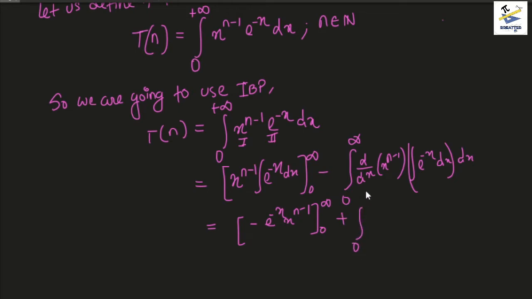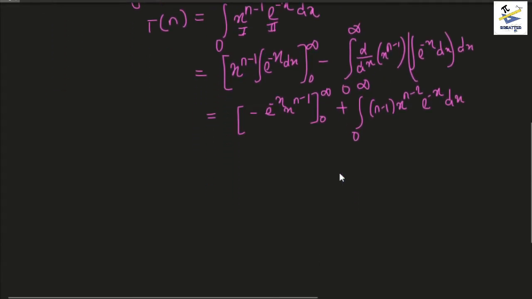So it becomes the integral from 0 to infinity. The derivative of x to the power n minus 1 is just n minus 1 into x to the power n minus 2, and it is e to the power minus x dx, right? Now we need to understand what this limit stands for, right? So let us do it here.